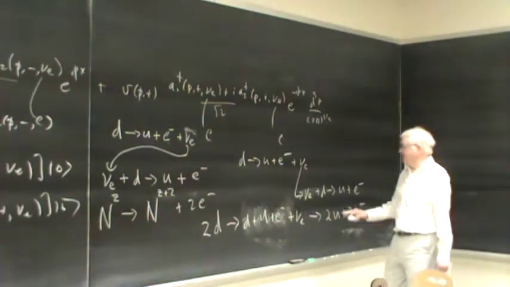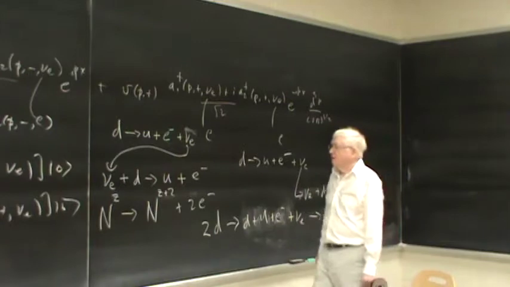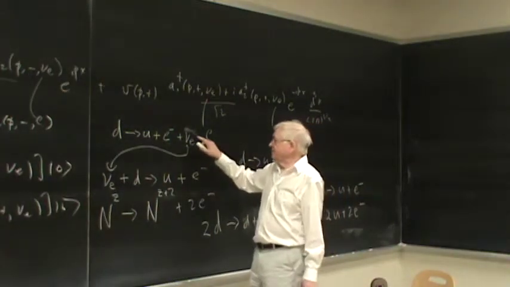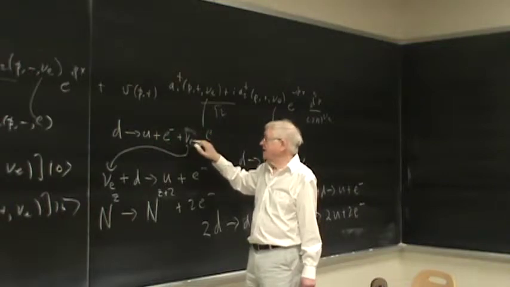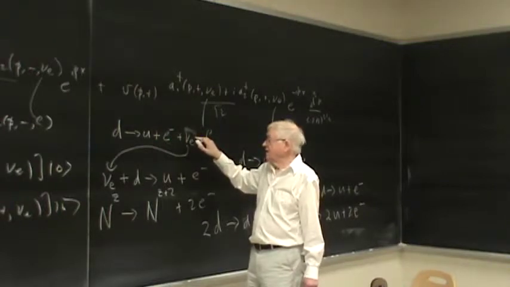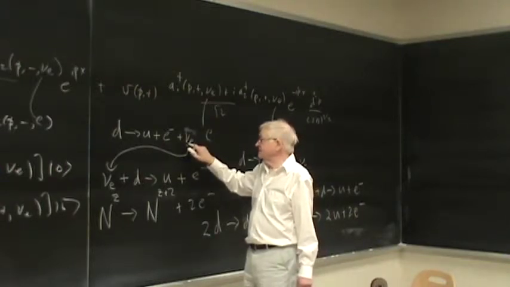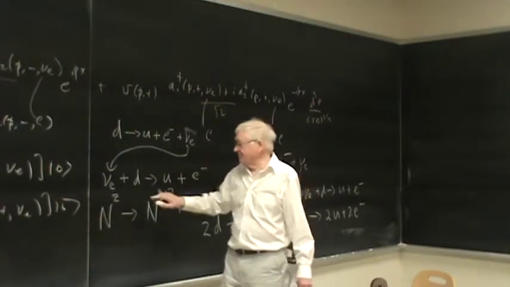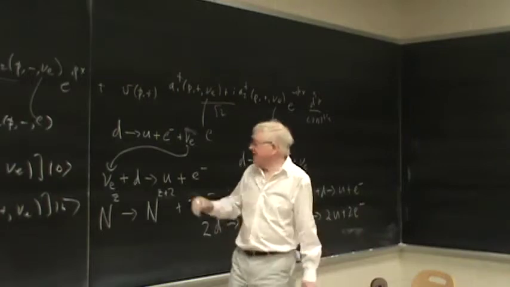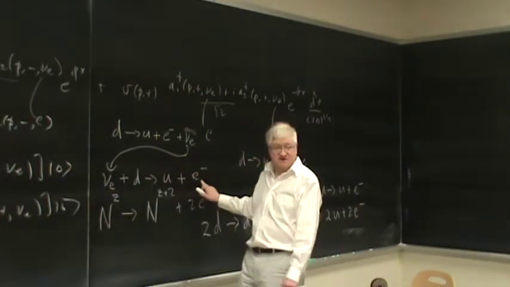In other words, if this were an antineutrino, if it were Dirac, then antineutrino plus D doesn't give you this.